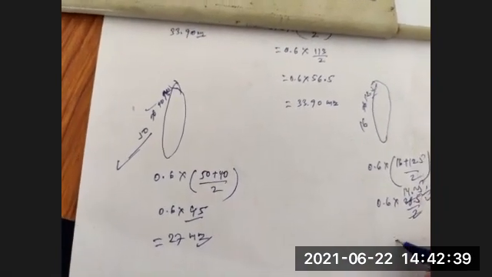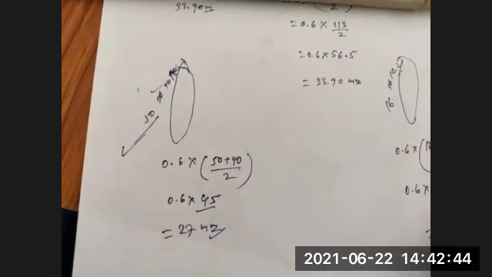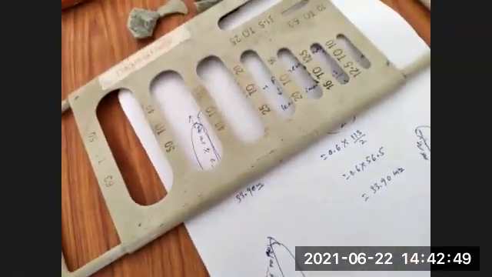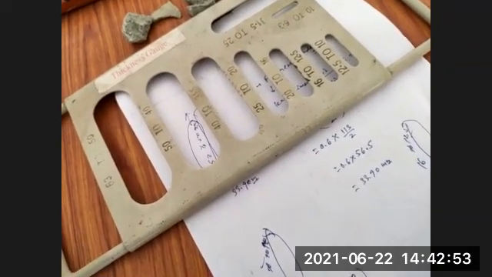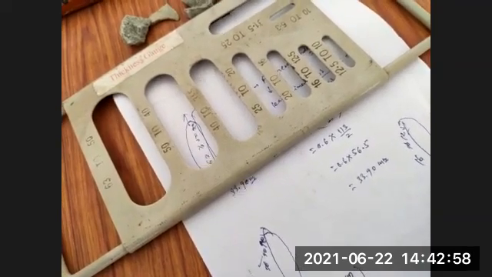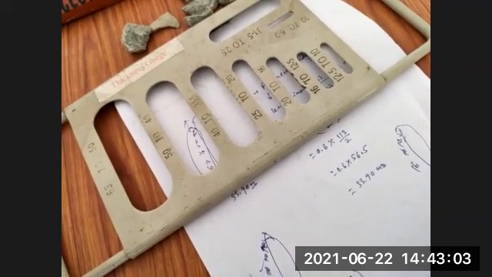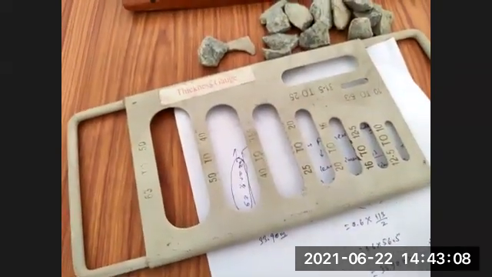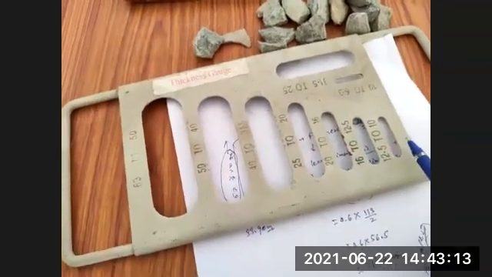If you multiply 14.25 with 0.6, you get approximately 9 mm. So basically the size of this slot is approximately 9 mm.